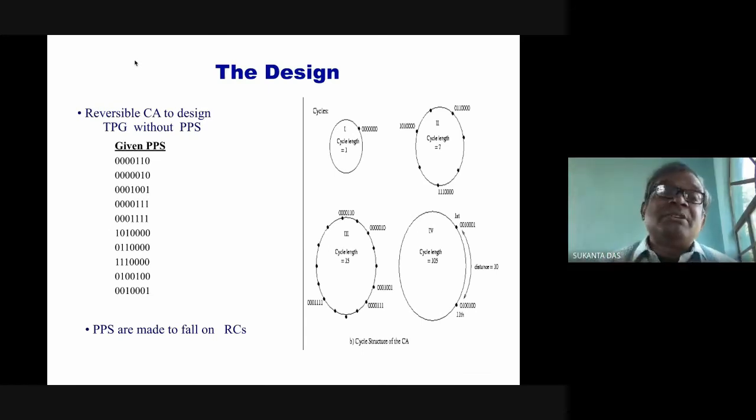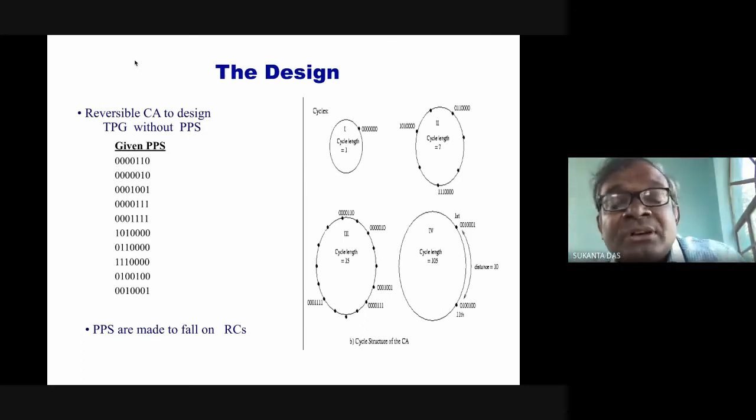We need reversible CA, but what is the target? Our target is that the prohibited patterns are to be placed in different cycles. Let me explain this problem with some example.